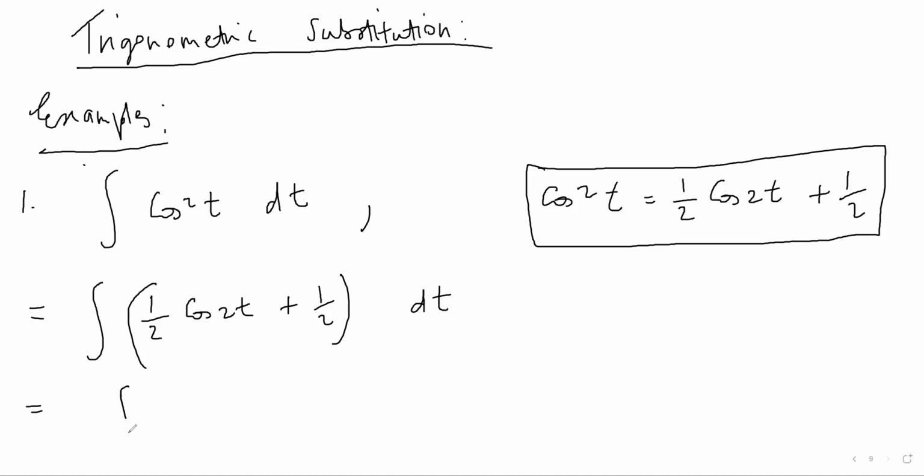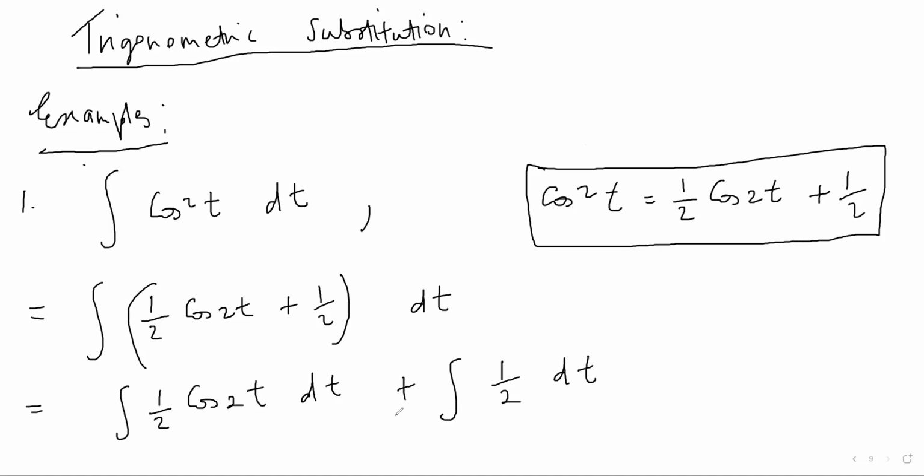So this is the same thing as the integral of 1/2 multiplied by cos 2t with respect to t plus the integral of 1/2 with respect to t. So we integrate each term.